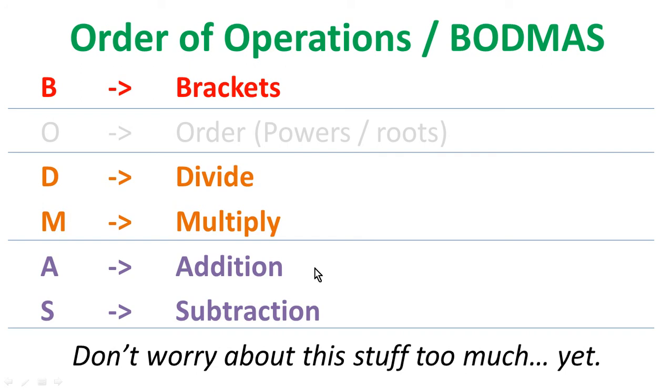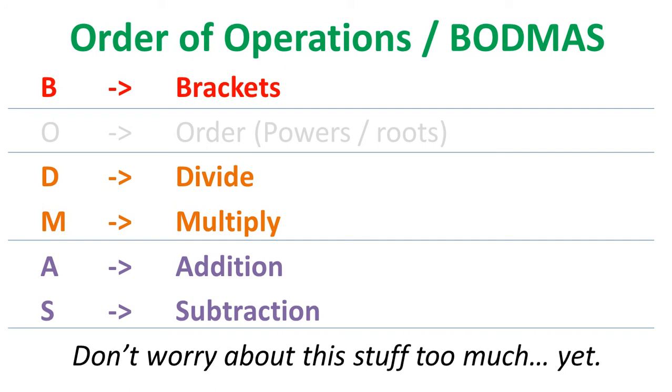In Australia, they use different terminology. In America and Canada it may be different as well. But it's all the same thing. It's just different letters or different words. So brackets can also be parentheses.